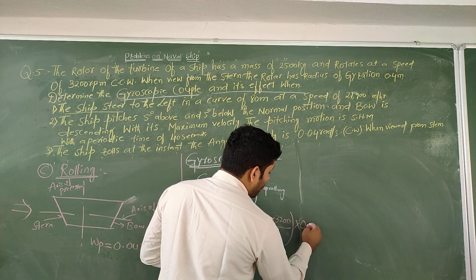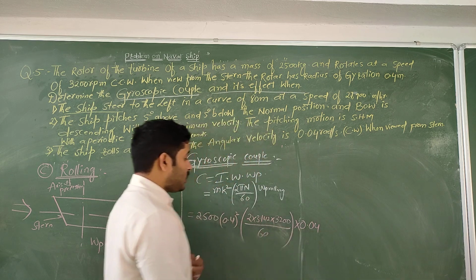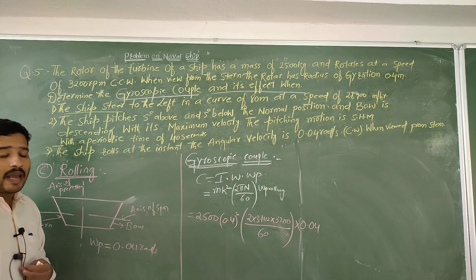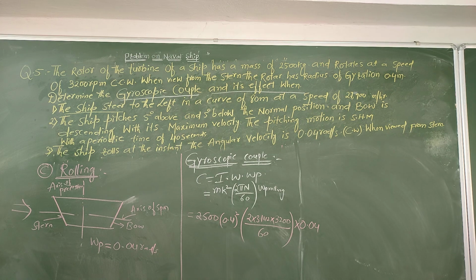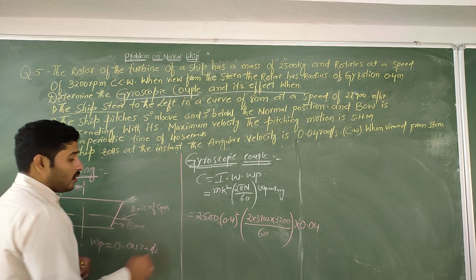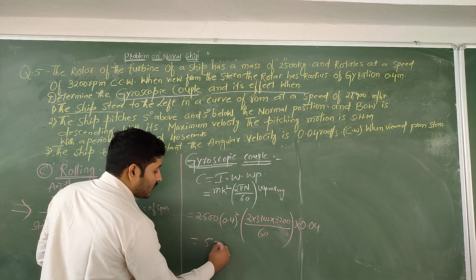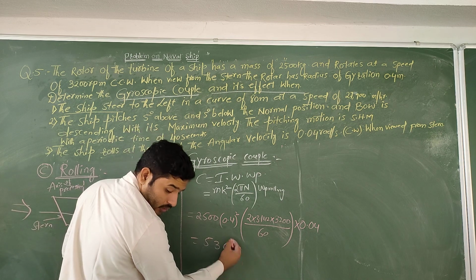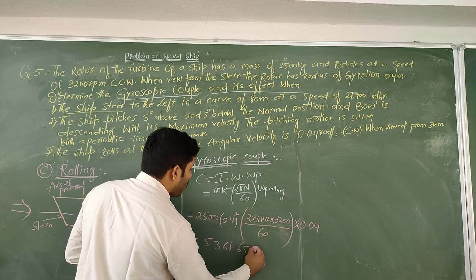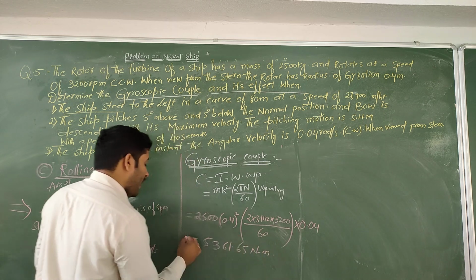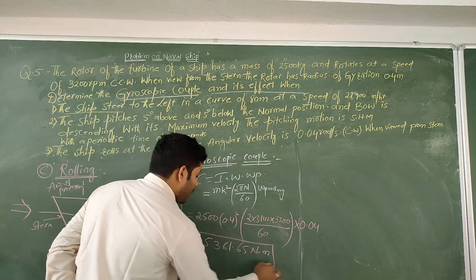If you calculate with the help of a calculator, you will get 5361.65 Newton meter. That is the value of the gyroscopic couple.